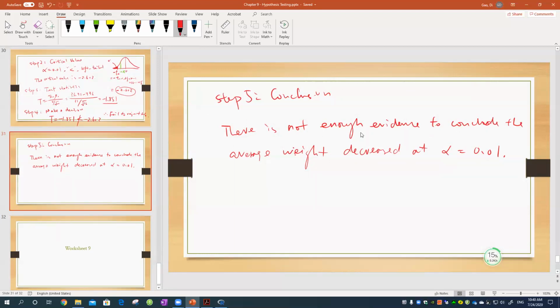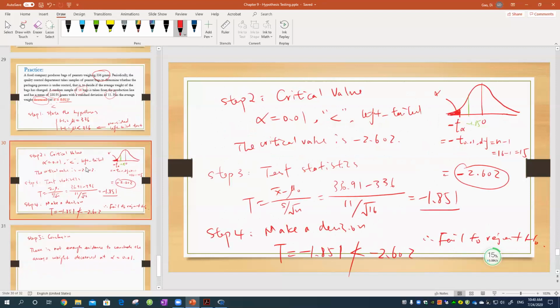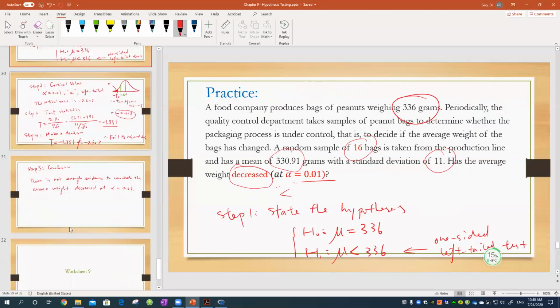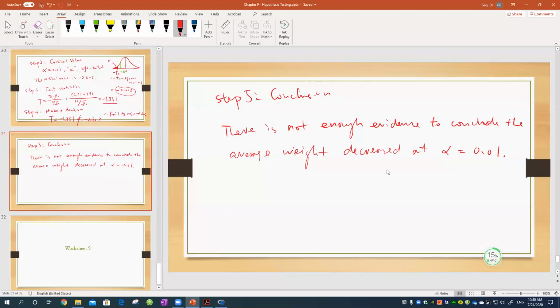There's still not enough evidence to conclude that. The truth might be that it just decreased, but based on this example, we still don't have enough evidence to conclude that. That's why we say a conclusion like this: there's not enough evidence to conclude the average weight decreased at alpha equals 0.01.